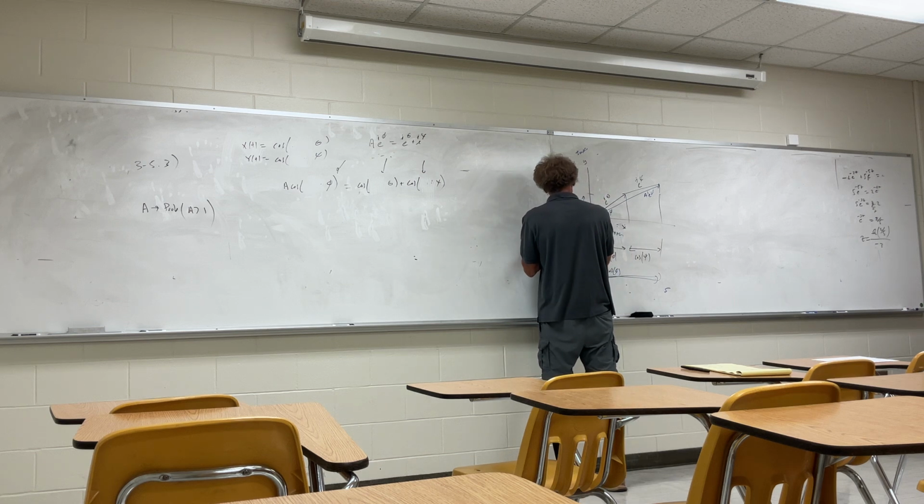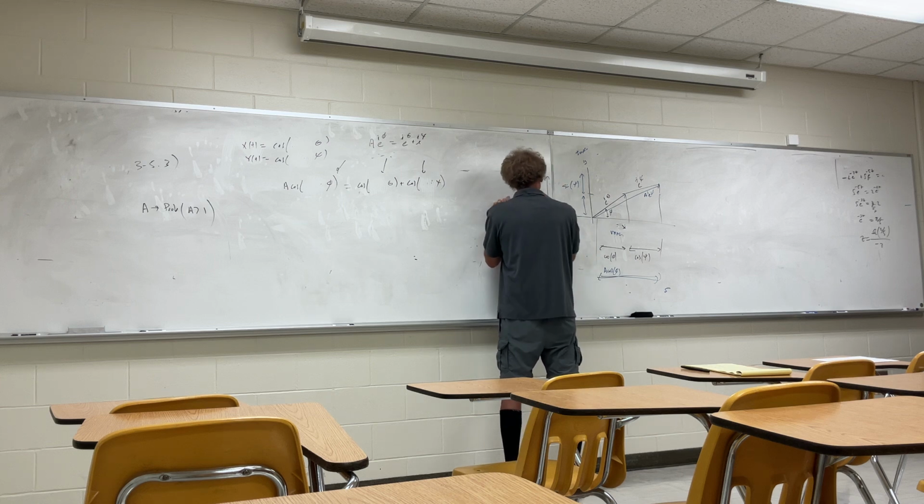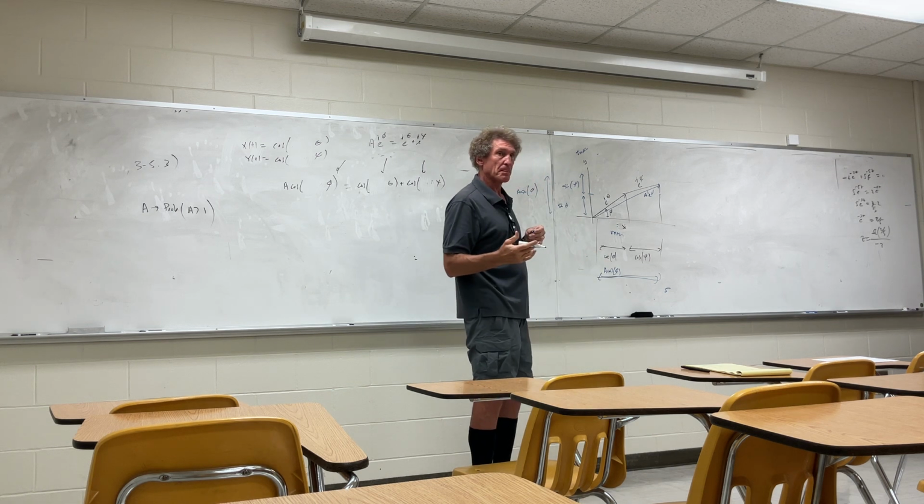This would be equal to the sine of theta, and this distance would be equal to the sine of psi, which would be equal to this distance, which would be A times the sine of phi. Now, can everybody follow me what I'm doing?